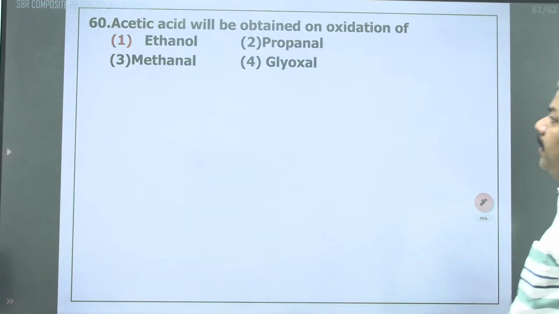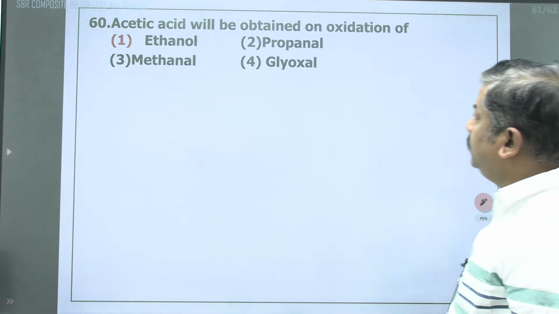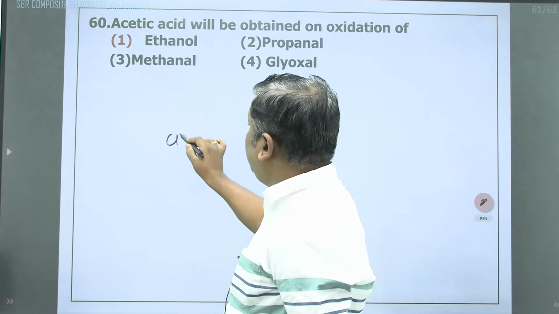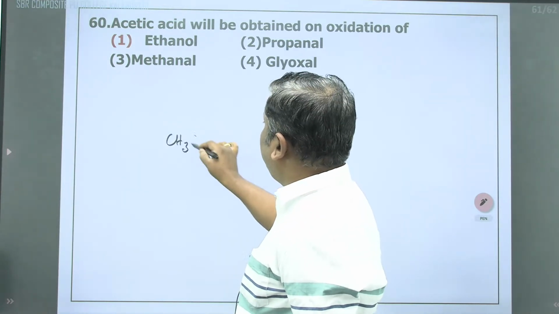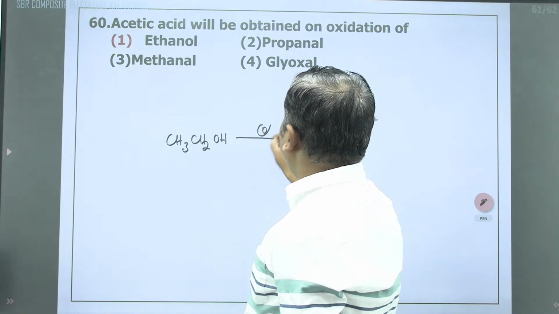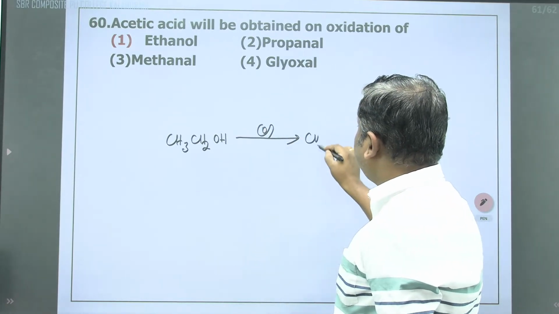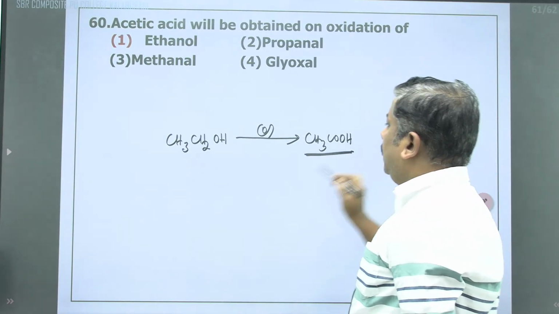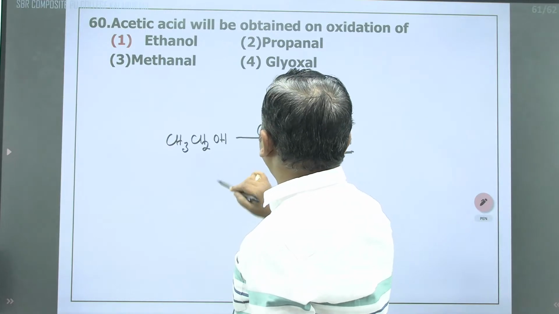Last one, 60. Acetic acid will be obtained by the oxidation of ethanol, propanol, methanol and glyoxal. Whenever ethanol, an alcohol, undergoes oxidation, it produces the respective carboxylic acid containing the same number of carbon atoms. Ethanol gives the corresponding ethanoic acid.